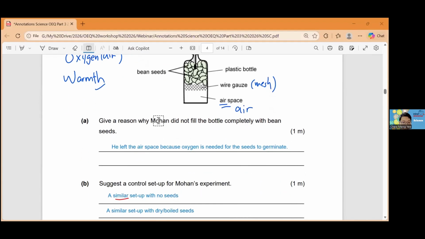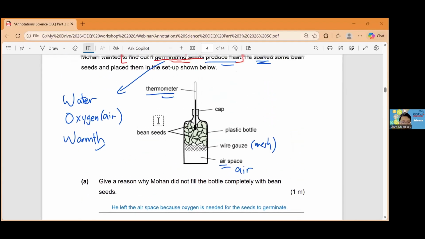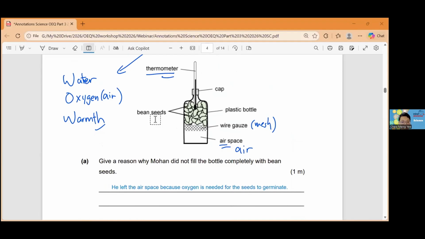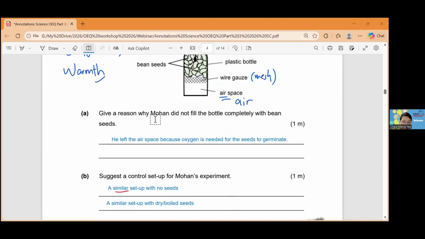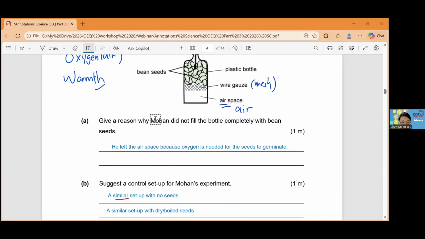Like for example, how would I describe this? I will use a setup that contains the thermometer, the cap, the wire gauze. It's hard to describe. So the easier way, and still correct, is to just say use identical or similar setup, but just tell me what you have changed. Okay? So I think that is sufficient.